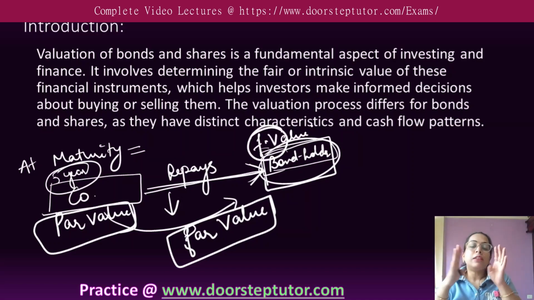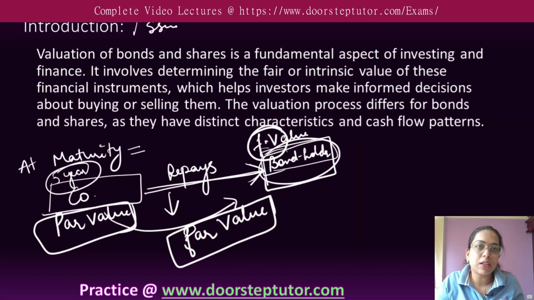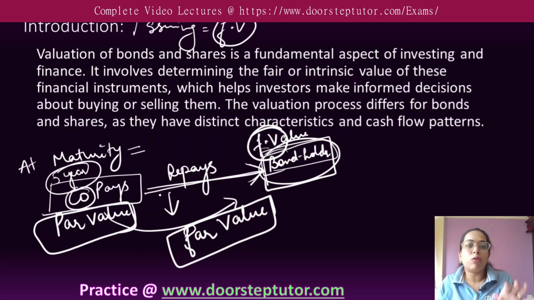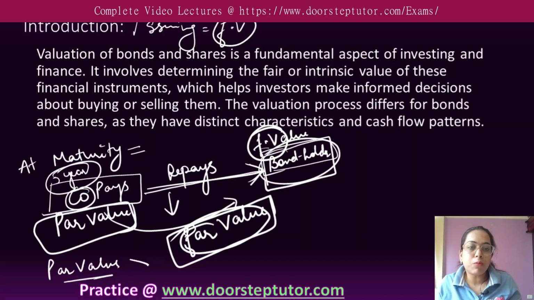So the value which the company receives at the time of issuing the document is termed as face value, whereas the money which the company pays to the bondholder is termed as par value. So par value can be more than the face value, or it can be less than the face value.